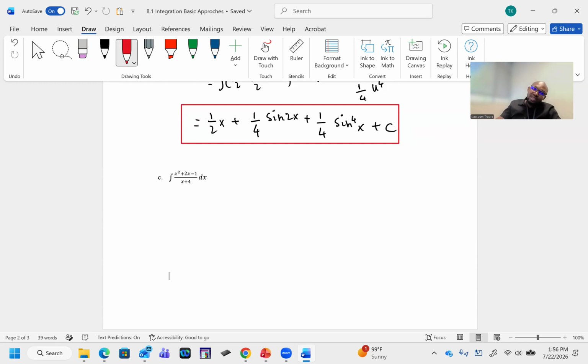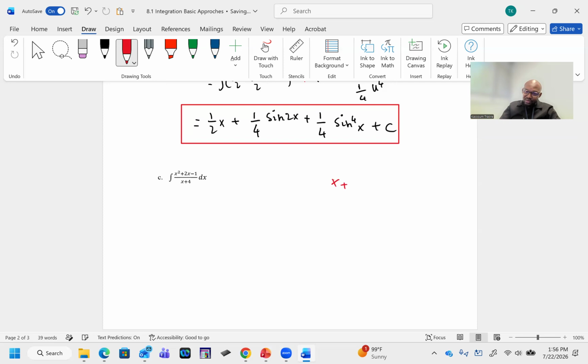Long division means what? You divide x squared plus 2x minus 1 by x plus 4. So you have learned that in college algebra. If you forgot, please practice. We have to divide what? Let me do that right here.